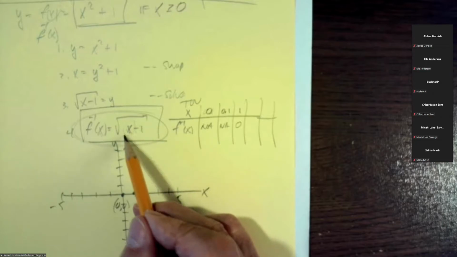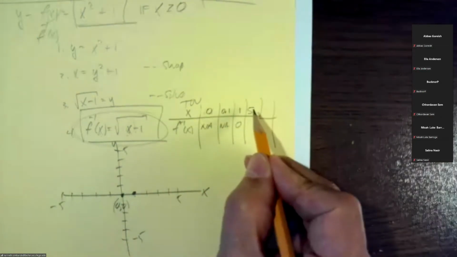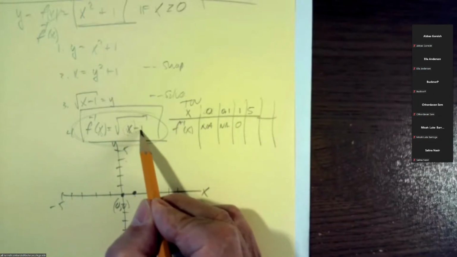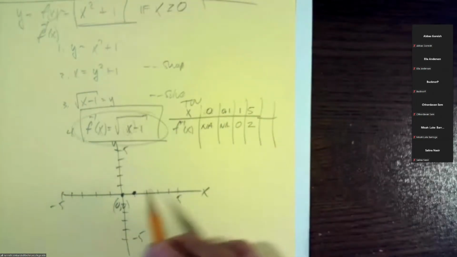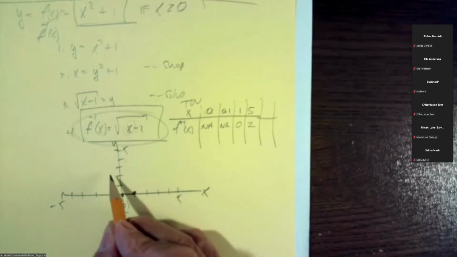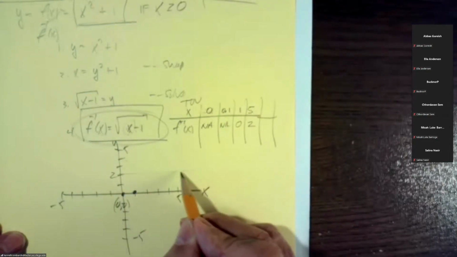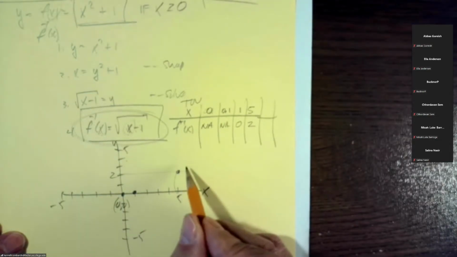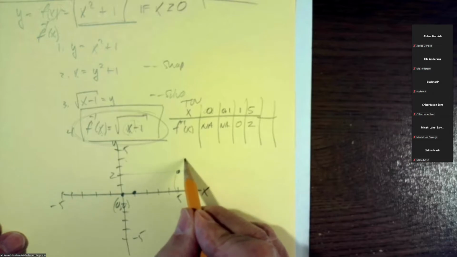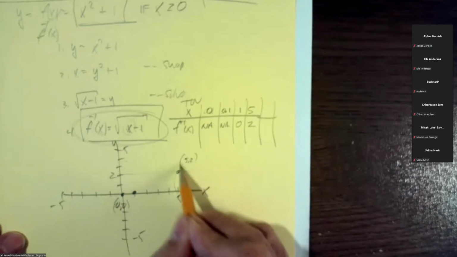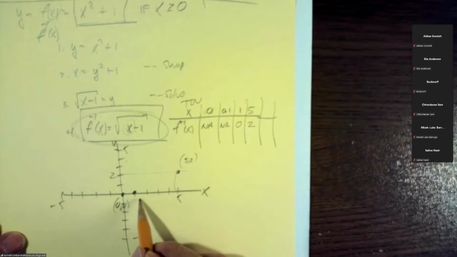Well, if x were 5, we'd have 5 minus 1, that's 4. And the root of 4 would be 2, wouldn't it? So we go out here 5 and up 2. So we're going to have a point here at 5 and 2. Point here at 1 and 0.